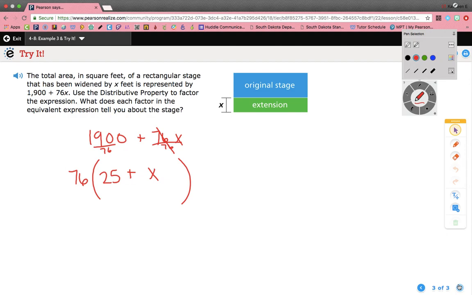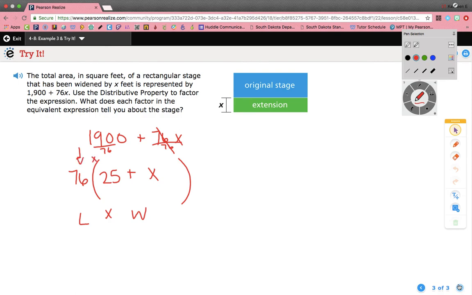So what does each factor in the equivalent expression tell you about the stage? Okay, these are the length and the width, to find the area of the whole stage. Length times width. When a number is out here, it means we're multiplying.